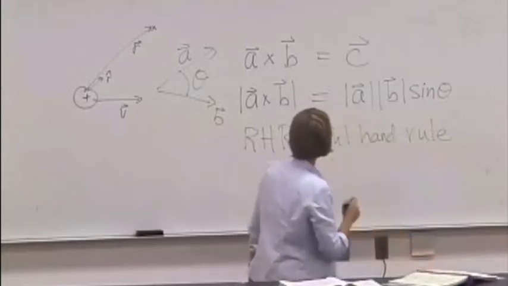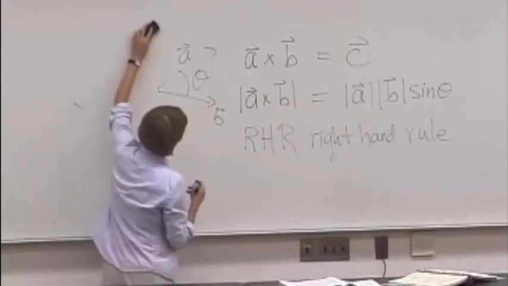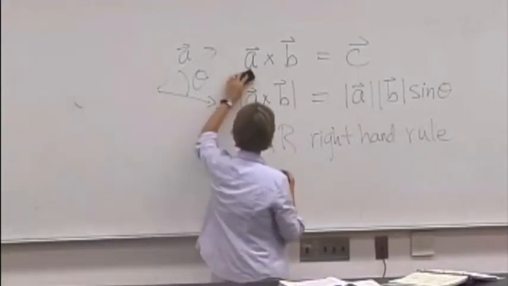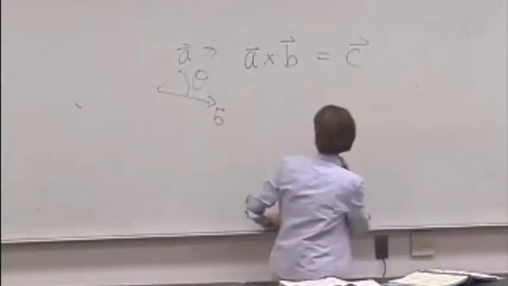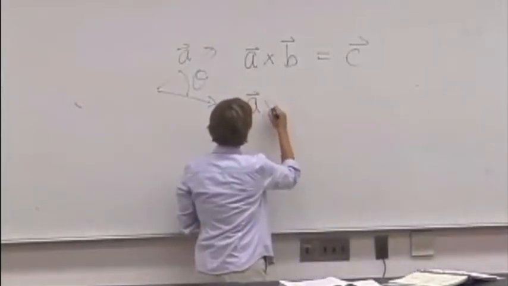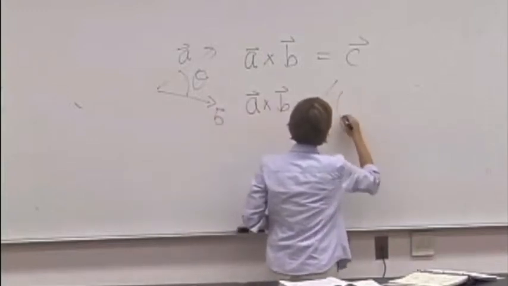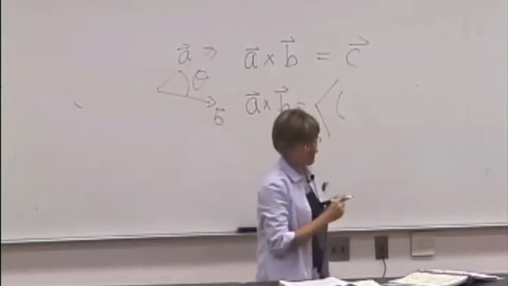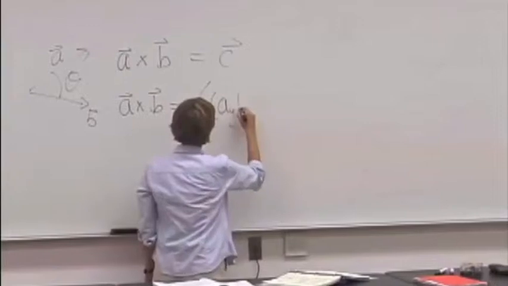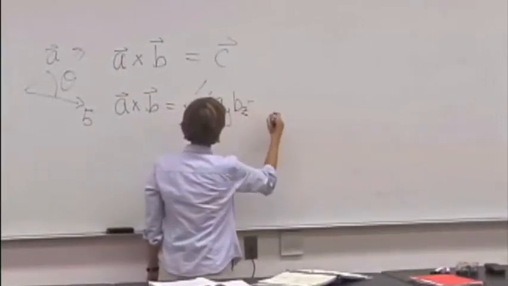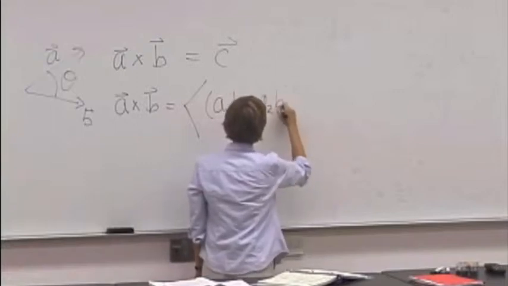However, there's another way to evaluate it numerically, and it looks like this. A cross B is the following vector. This is, got to get it right, okay, A sub y times B sub z minus A sub z times B sub y.